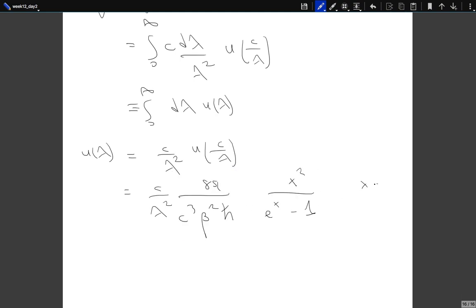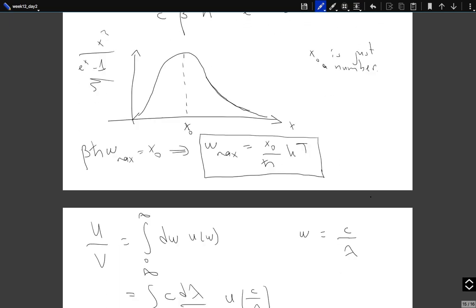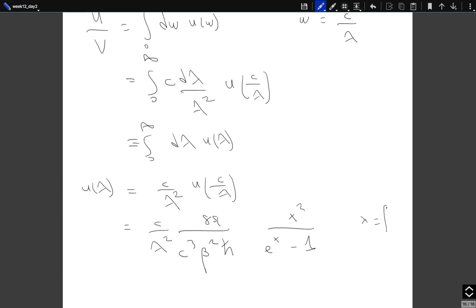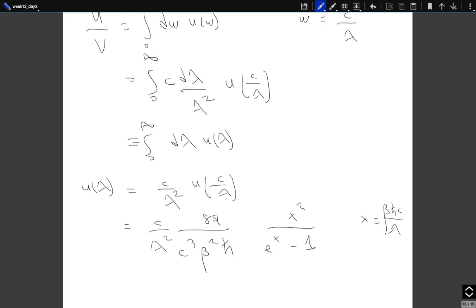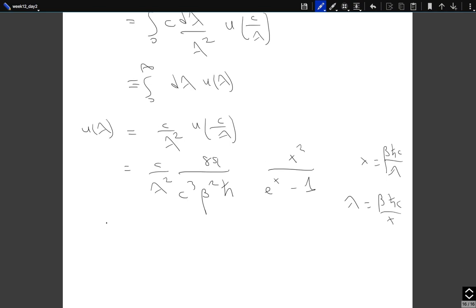Here, x is now in terms of lambda is beta h bar c over lambda, or lambda is equal to beta h bar c over x. So u of lambda is c beta h bar c squared, and then 1 over lambda squared.